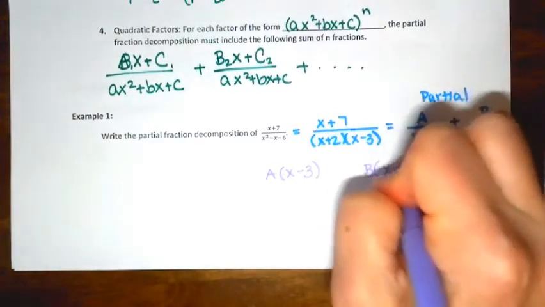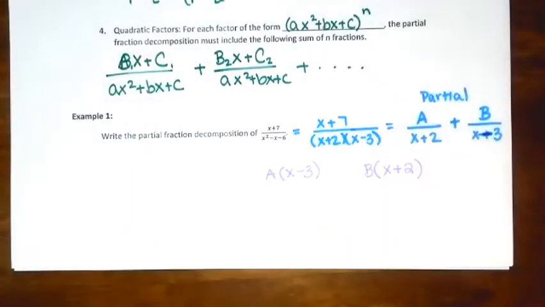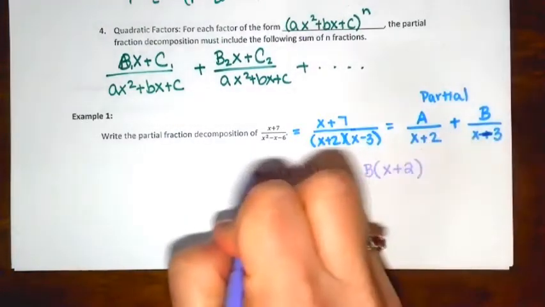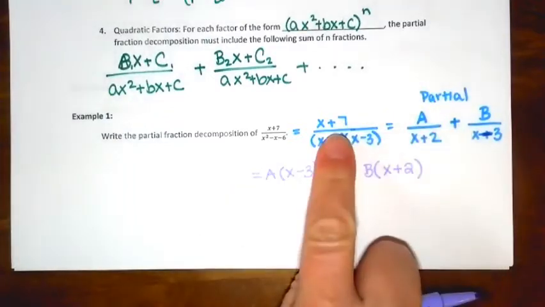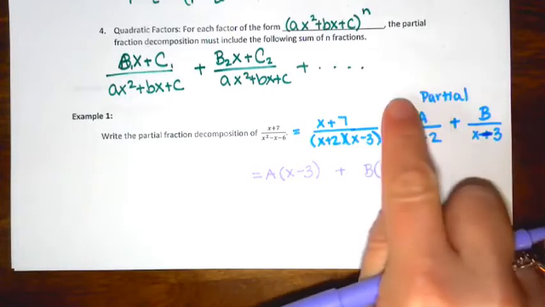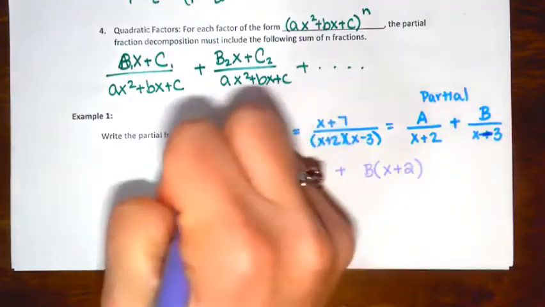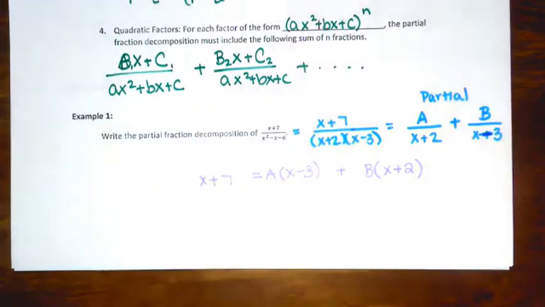Right? Are you guys okay with that? And that should get us, if I add these together, that should equal my numerator, correct? Because if we have common denominators, you could add the numerators, and to get to the numerator, that would equal our x plus 7. Okay, are you guys okay with that?